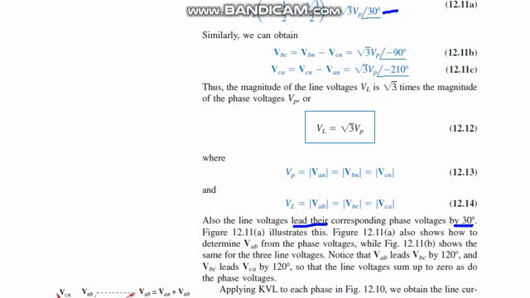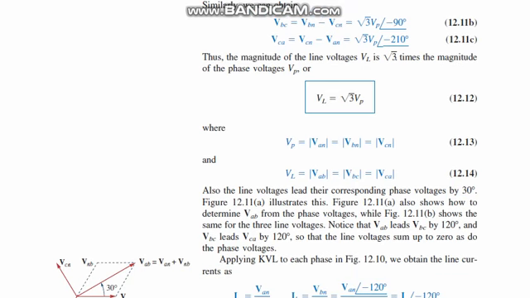That gives us another important theorem: the line voltage leads the phase voltage by 30 degree, and the line voltage is root 3 times greater than the phase voltage.